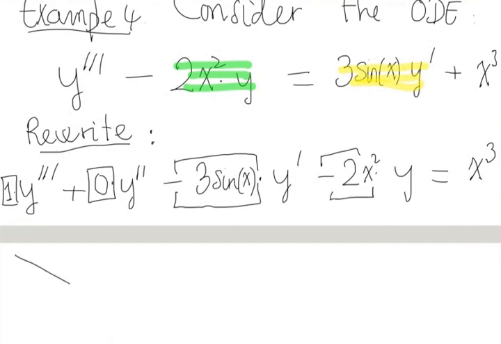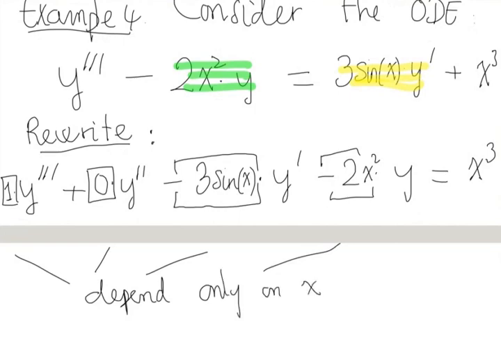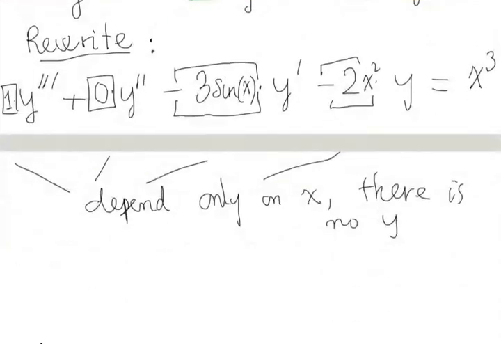All these coefficients depend only on x. There is no y in these coefficients. So we conclude that the equation is a linear equation.